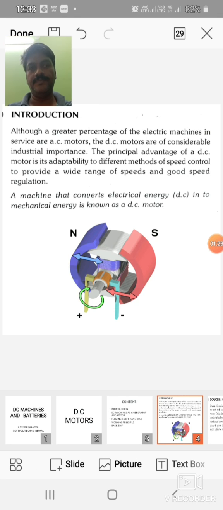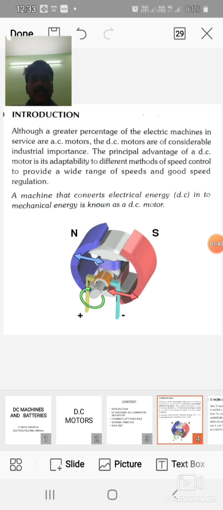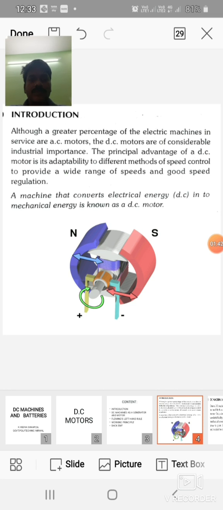Introduction. Although a greater percentage of electric machines in service are AC motors, DC motors are of considerable industrial importance.